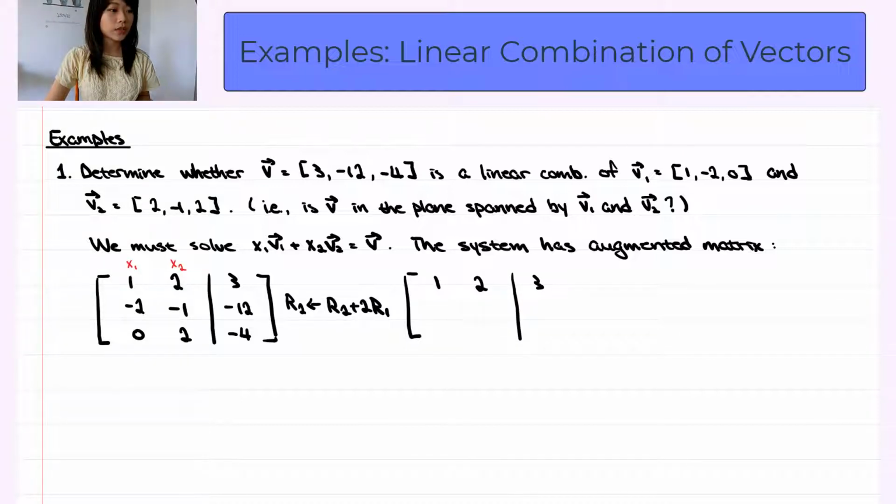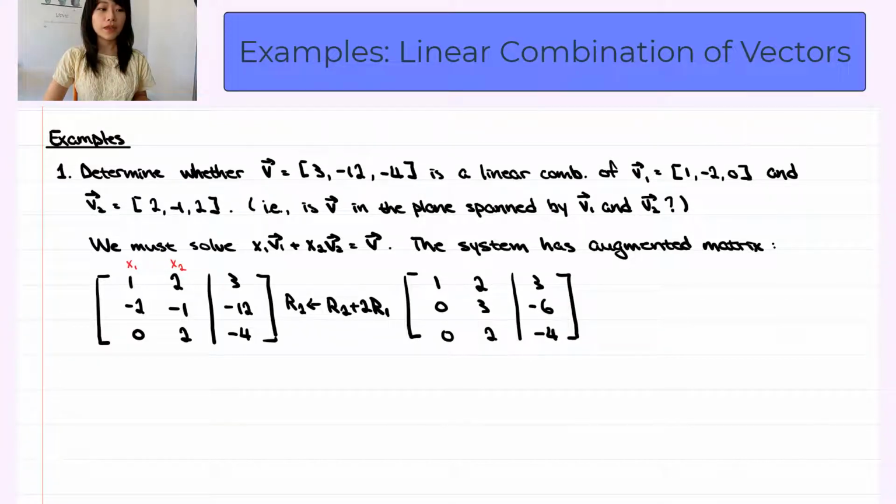Then the second row is 0, then negative 1 plus 4, that is 3, and negative 12 plus 6, that is negative 6. Third row remains the same: 0, 2, and negative 4. Then I have my first pivot ready. In the first column, other than the pivot, all the other entries are 0.